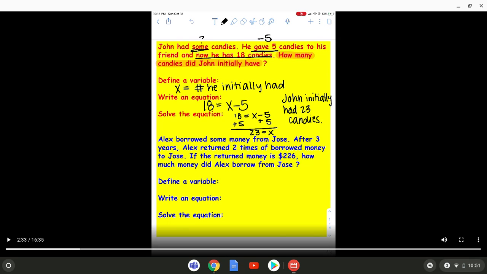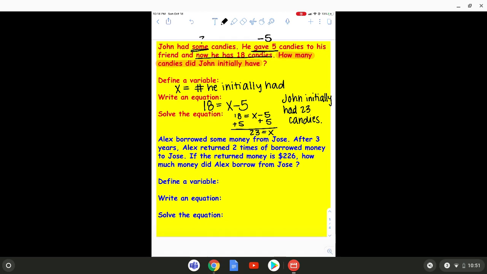Alex borrowed some money from Jose. After 3 years, Alex returned 2 times the amount of money borrowed to Jose. If the amount he returned is $226, how much did he borrow from Jose? So here you've got some stuff that's meant to trip you up.